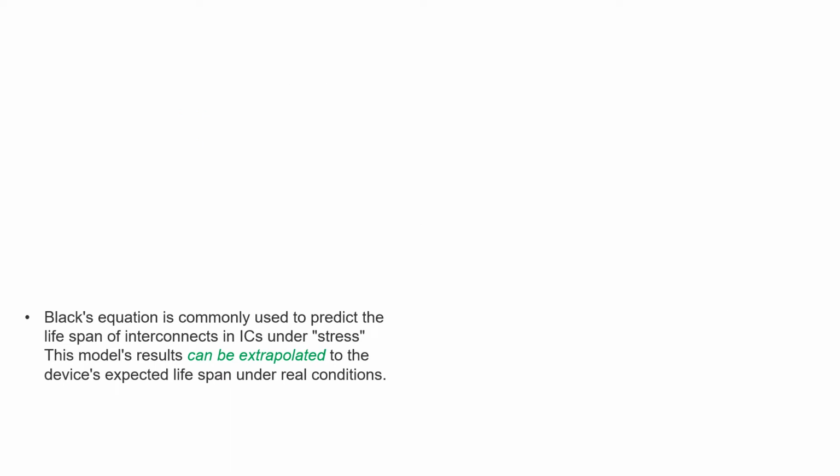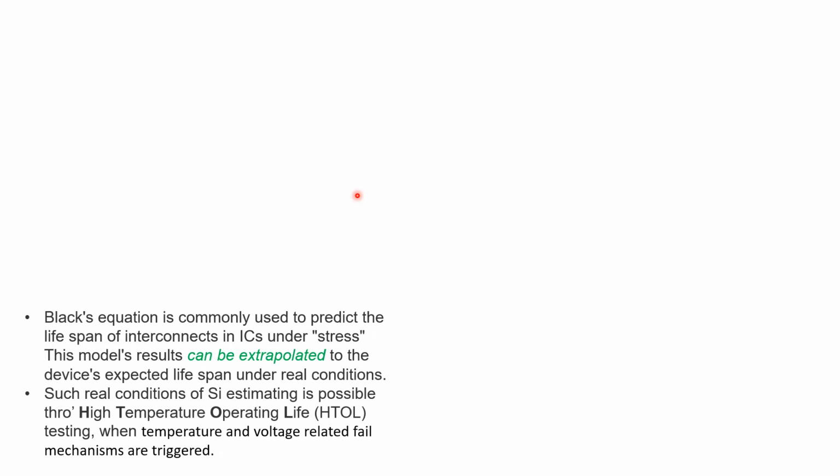Yeah, Black's equation is commonly used to predict the lifespan of interconnects in ICs under stress. This model's results can be extrapolated to the device's expected lifespan under real conditions. To figure out those real conditions in the silicon estimating stage is somewhat difficult.